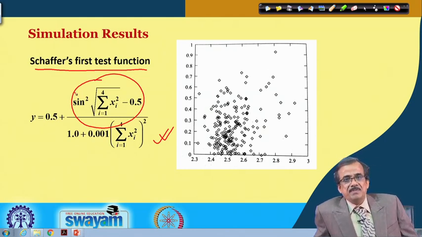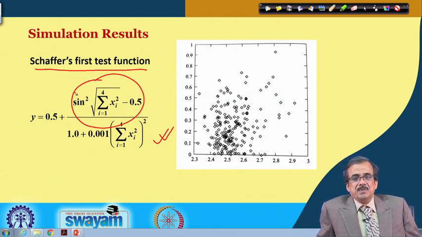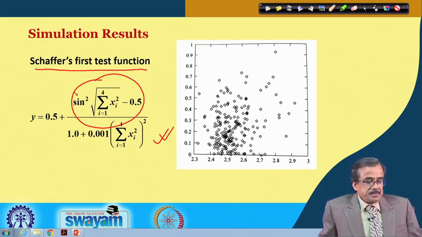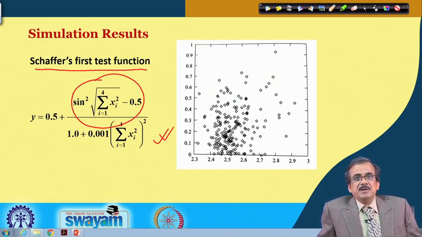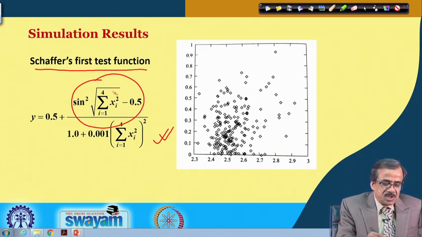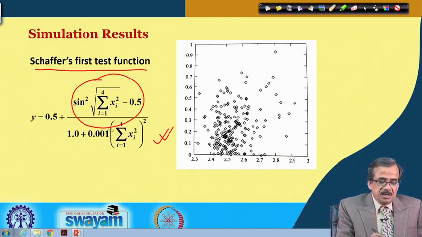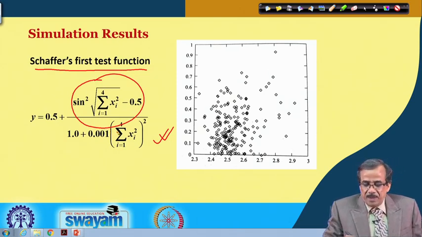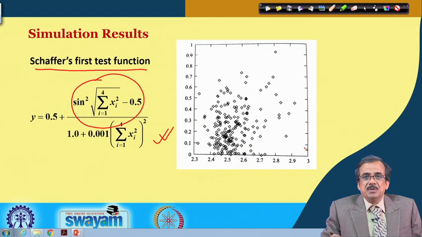Now, these 5 dimensional data we cannot visualize, because we can visualize only up to 3 dimension. Now, what do we do? We generate 1000 data points at random lying on the surface of this particular test function, and those 1000 data points are mapped to 2 dimension for the purpose of visualization using the self organizing map.